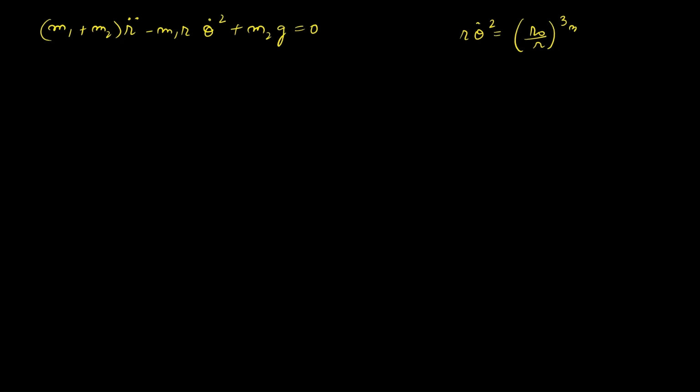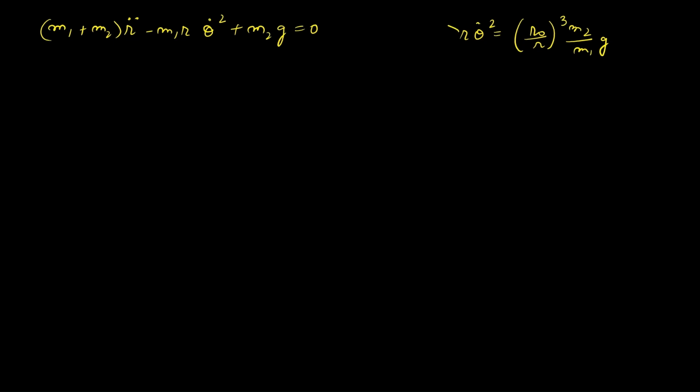So let me write down the equation here again. It is (m1 + m2) r double dot minus m1 r theta dot squared plus m2 g equal to 0. And we already got (r theta dot) whole squared equal to (r naught by r) whole cube times (m2 by m1) g.